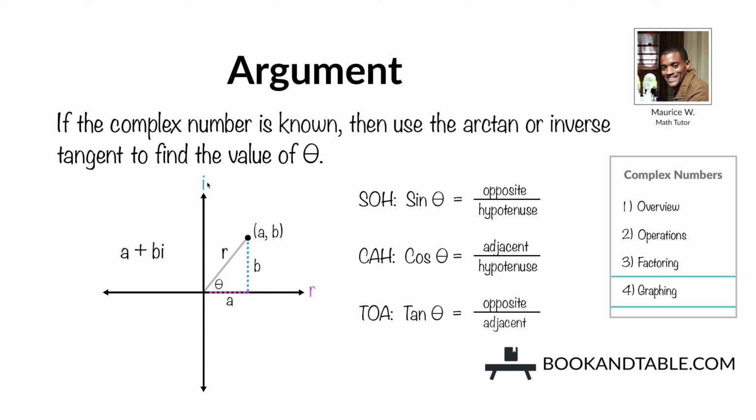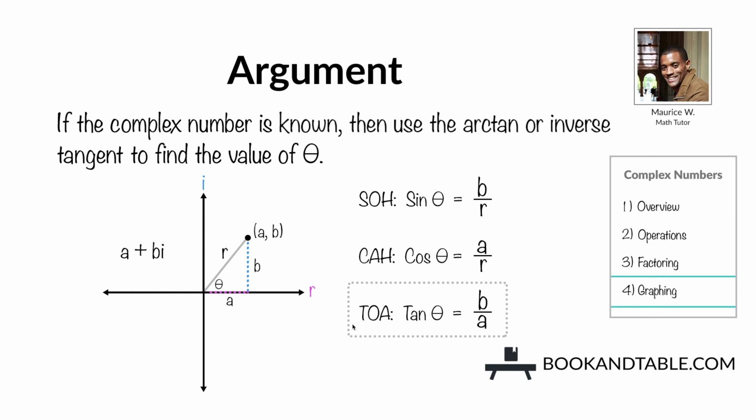Since b is along the imaginary axis, it's the same value as this imaginary number. So if we're looking to figure out, do we use sine, cosine, or tangent? Well, if we look at SOHCAHTOA in relation to our sides, a, b, and r, tangent of theta is the one that we can use just by having the complex number.